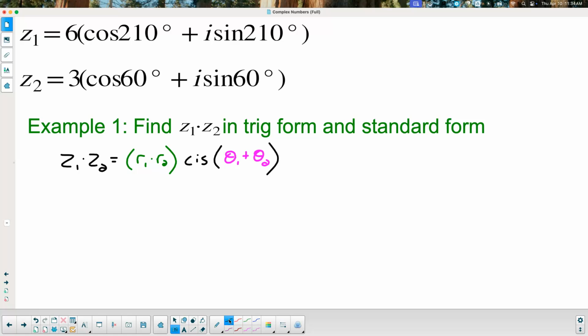So in this particular case, this would be 6 times 3 and this would be 210 plus 60.